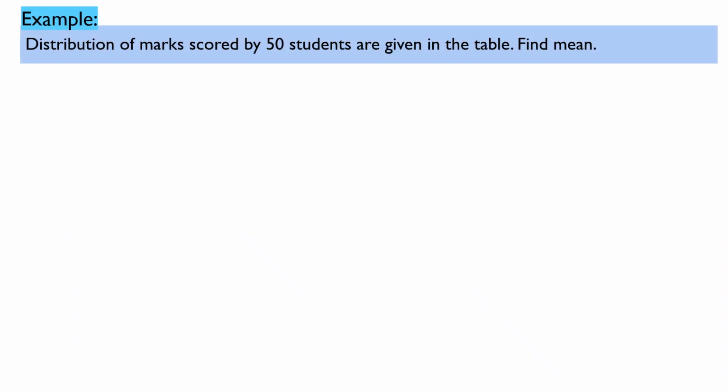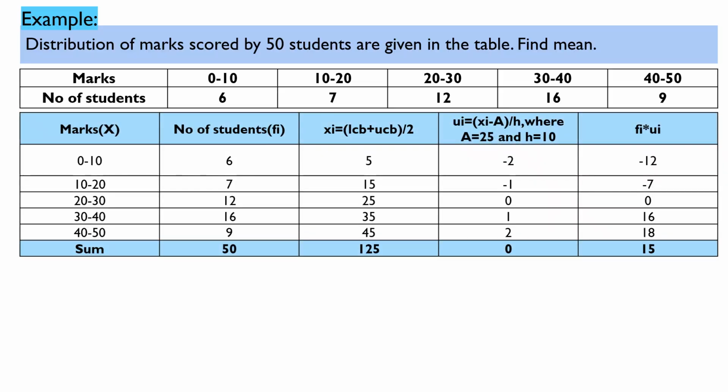Let us obtain mean for the same data set using step deviation method. So first step here is to obtain xi, which are the midpoint of the classes. Then we have to assume mean, say 25. Make sure it lies between your interval 0 to 50. And class width, overall we can see the difference between UCB and LCB is 10.